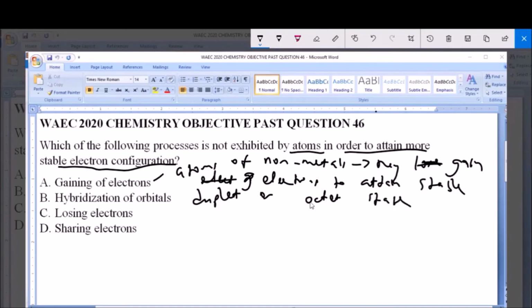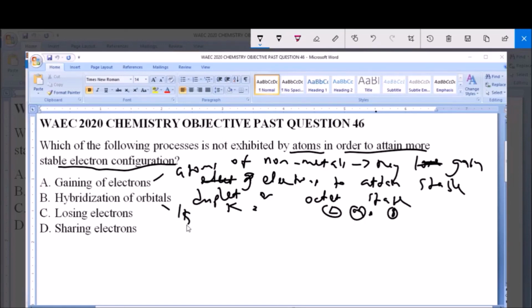The duplet state is usually seen in the K shell, and then the octet state is seen in the other L, M and N shells. So the duplet state is attained when the maximum number of electrons is 2, and then octet is when the maximum number of electrons is 8. So atoms of nonmetals gain electrons to complete this configuration. Now, option B, which is hybridization of orbitals.